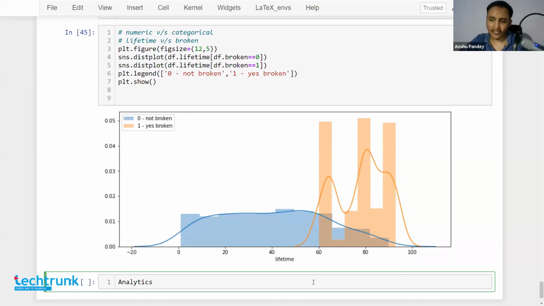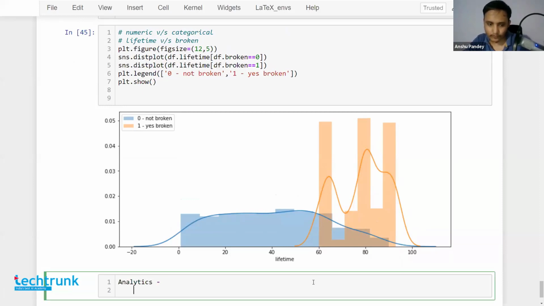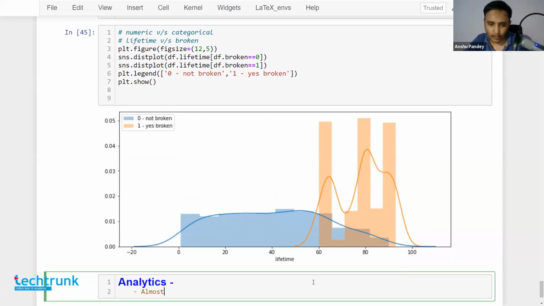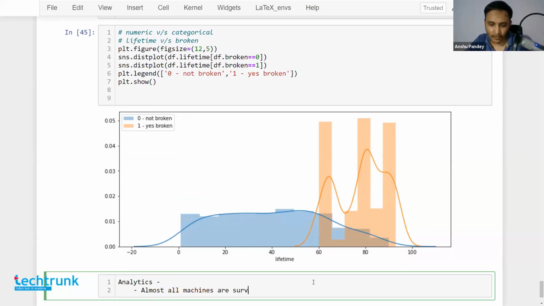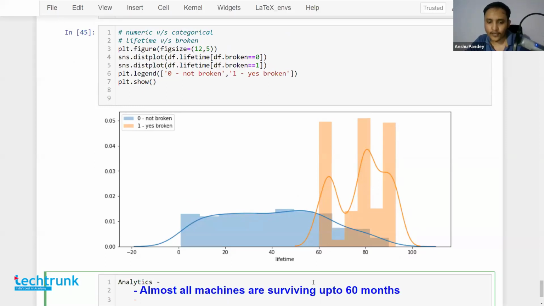So we can say that the analytics that exists here is almost all machines are surviving up to 60 months, right? Up to 60 months, they are not getting damaged.